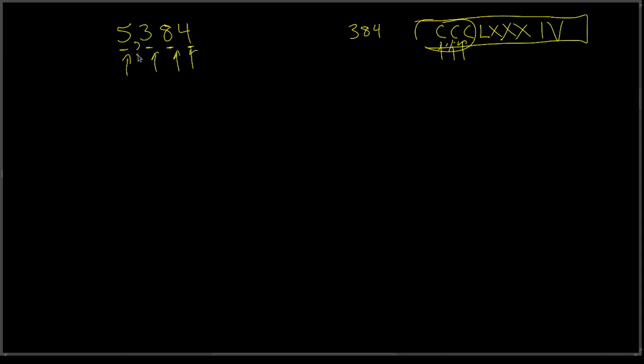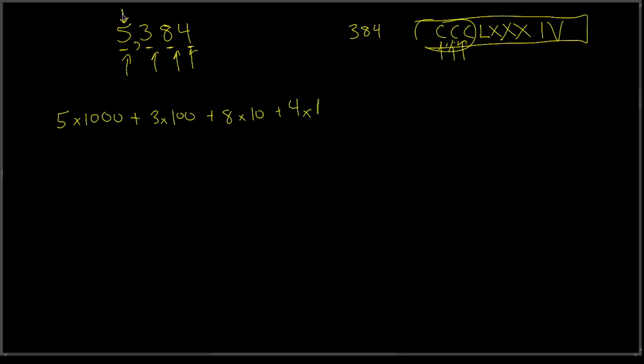So this is telling me about the quantities. I'm going to expand this out. It's going to look really ugly, but it will tell us what's happening here. This is 5 times 1,000 for this first place, plus 3 times 100 for the next place, plus 8 times 10, plus 4 times 1.